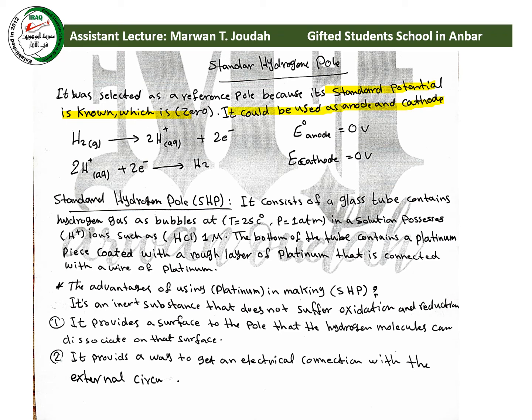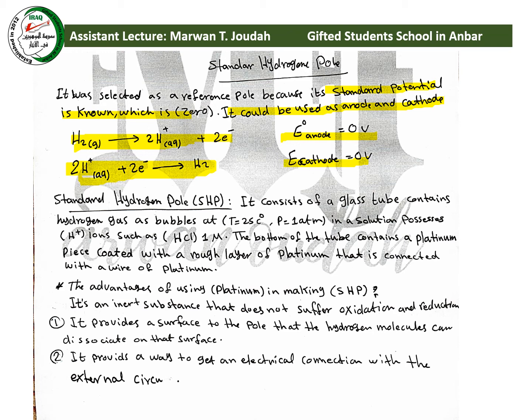So for this one, I can write down a redox reaction. For the hydrogen, one of them is by losing electrons and the other one by gaining electrons. So it acts as a reducing and oxidizing agent, and it has 0 voltage.